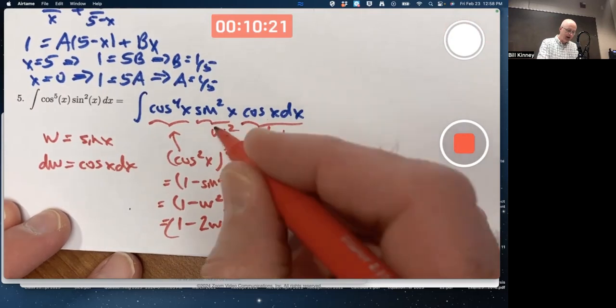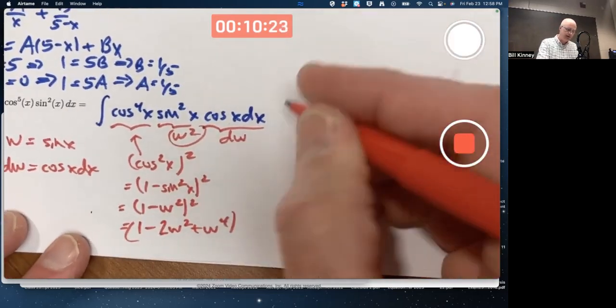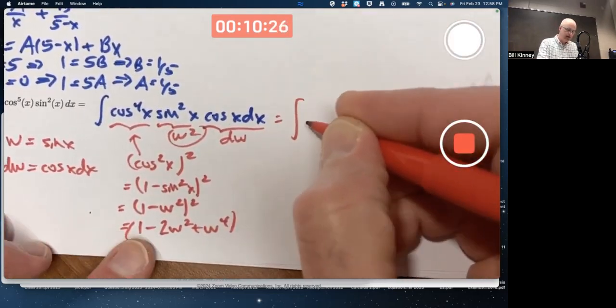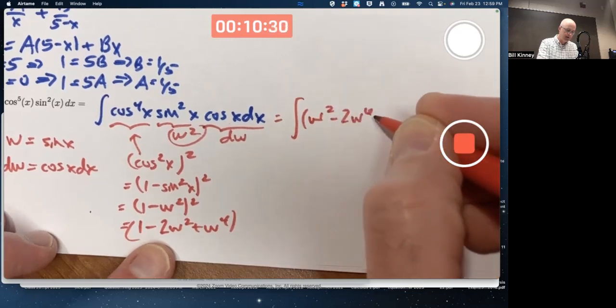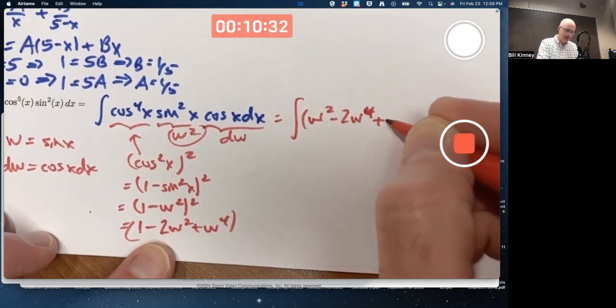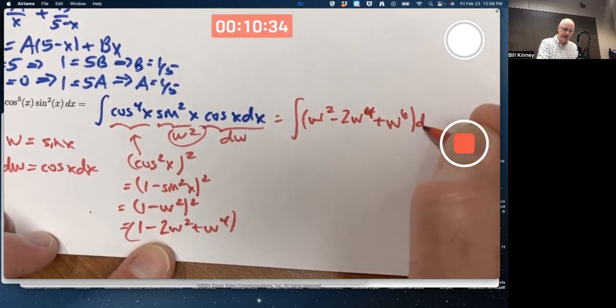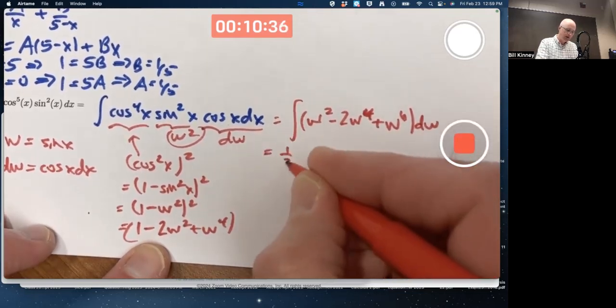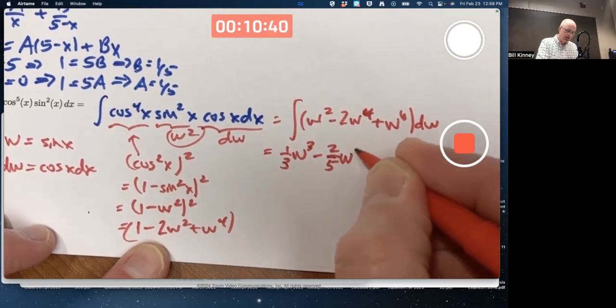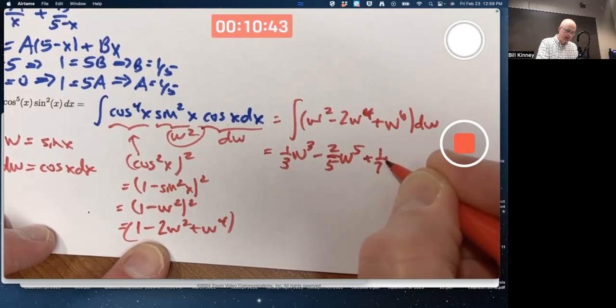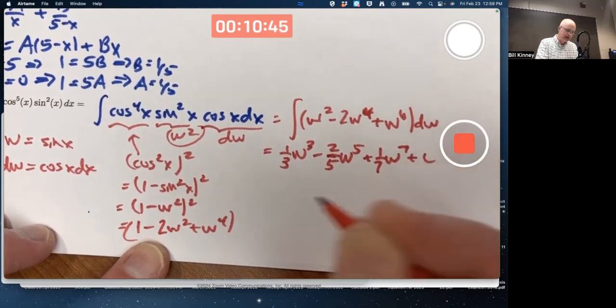That gets multiplied by w squared before you integrate. So you're going to integrate w squared minus 2w to the fourth plus w to the sixth. Get 1/3 w cubed minus 2/5 w to the fifth plus 1/7 w to the seventh plus c.